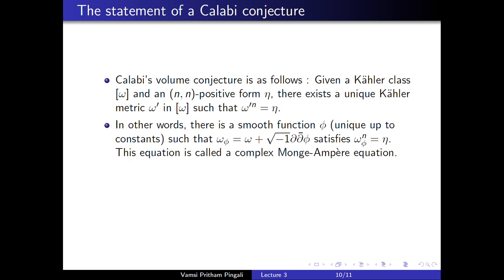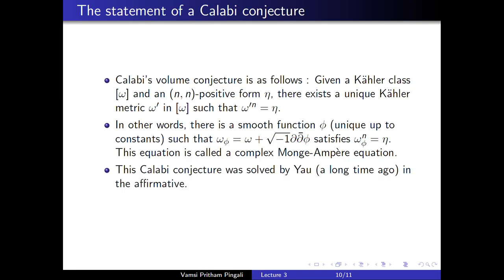So such equations are called complex Monge-Ampère equations, right? The Monge-Ampère equation is basically the determinant of the Hessian of a function is given to you. Find the function, right?